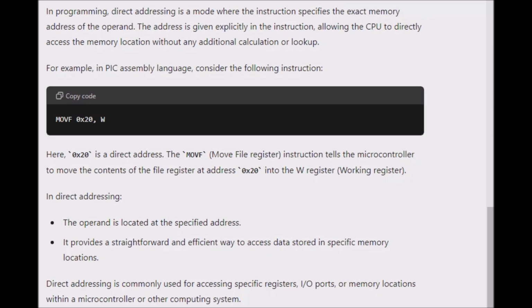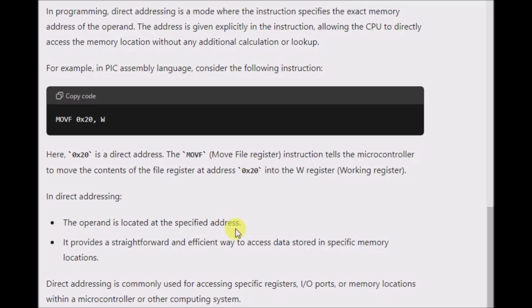Direct addressing is commonly used for accessing specific registers, I/O ports, or memory locations within a microcontroller or other computing system. So just to emphasize, the address, which in this case is 0x20, is explicitly in the instruction, which allows the CPU to directly access the memory location without any additional calculation or lookup.